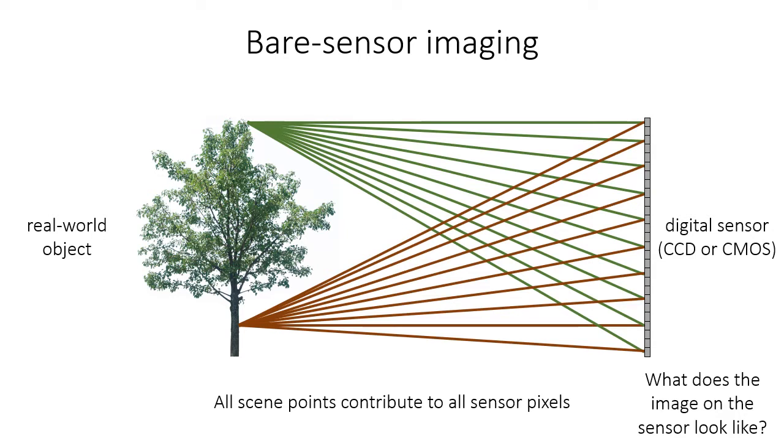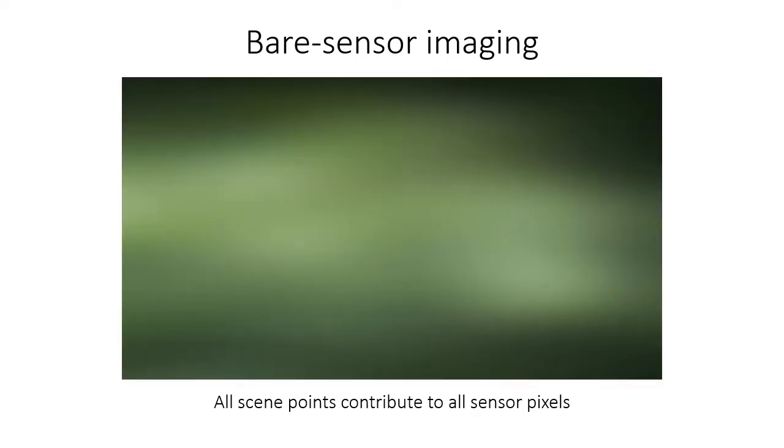Okay, so what does the image on the sensor look like? As shown here, you can see we cannot find any specific object, just very bluish, greenish pixels, right?